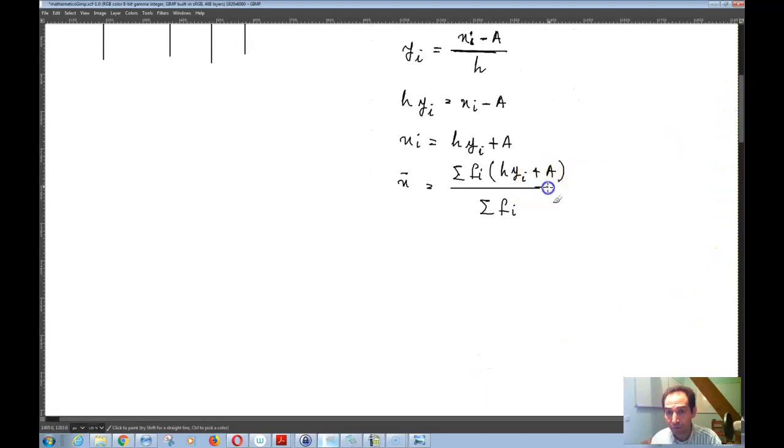If you keep going with this calculation, you will get x bar is equal to a plus h times y bar.